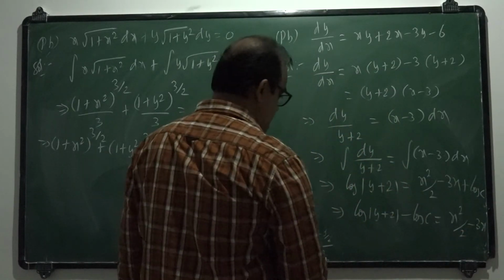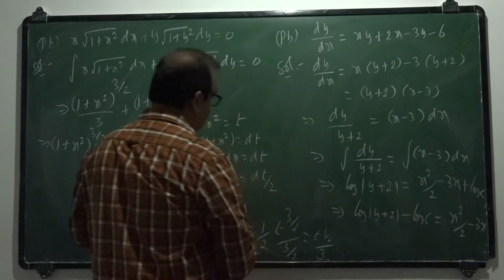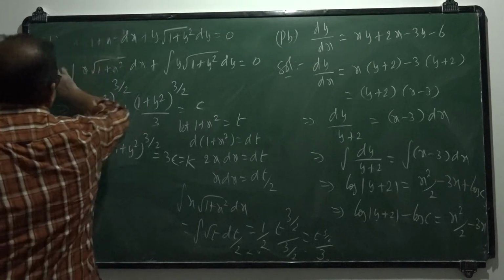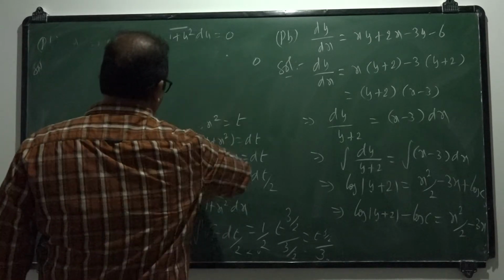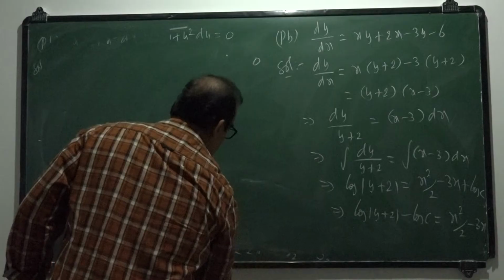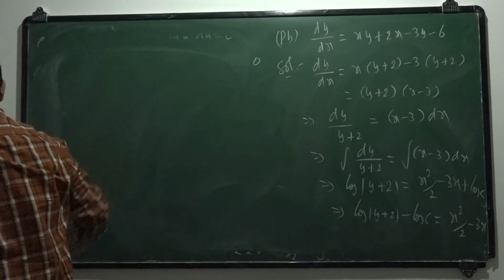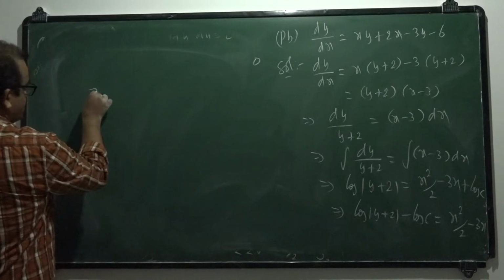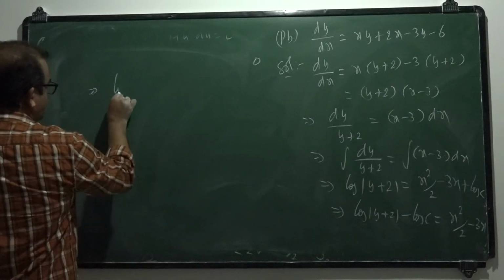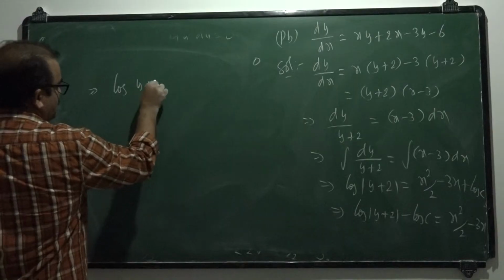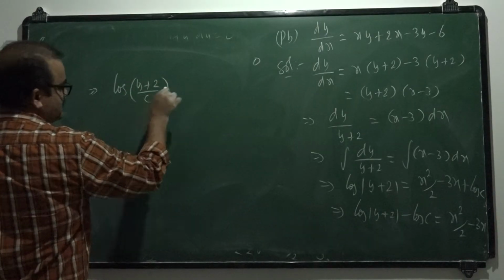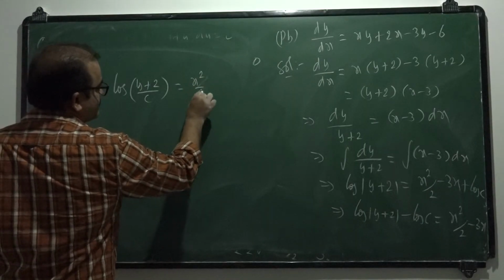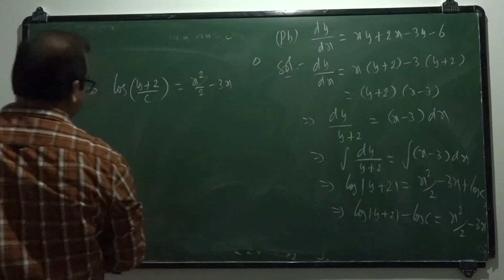See LHS, that is in the form of log m minus log n. LHS is in the form of log m minus log n, log of m by n, log of (y plus 2) by c is equal to x square by 2 minus 3x.